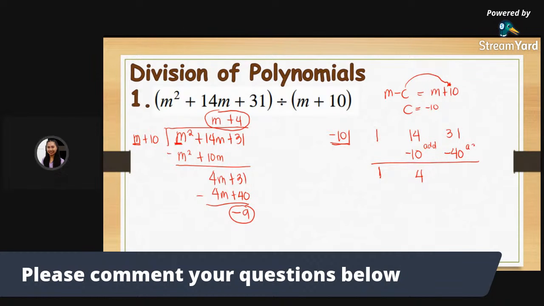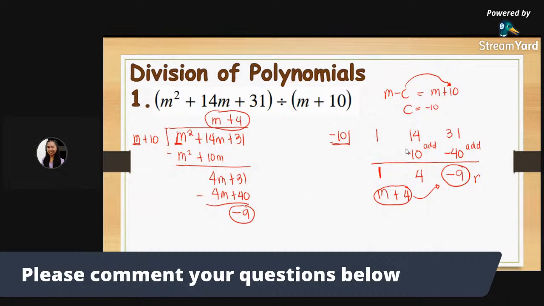And then you also have to add them. 31 plus negative 40 is negative 9. So this last number will be the remainder. And since we have m squared here, our answer will be 1 degree lower because it is divided by m raised to 1. So that is m plus 4 with remainder negative 9.